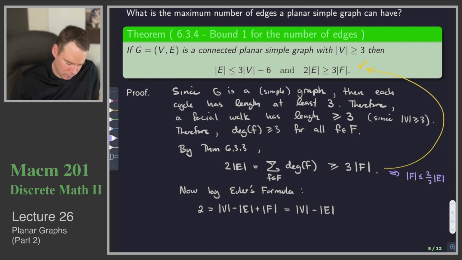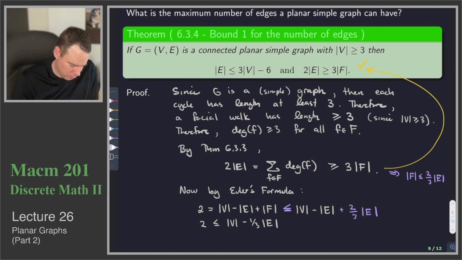So that means that we can write this as less than or equal to, and we can put that 2/3 of E there. And so that becomes then 2 is less than or equal to V minus E plus 2/3 of E, that's minus 1/3 of E, the size of the edge set.